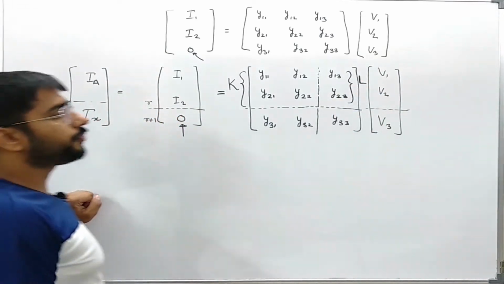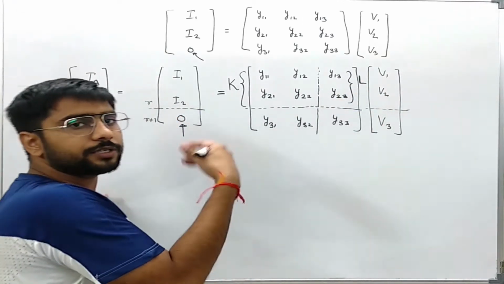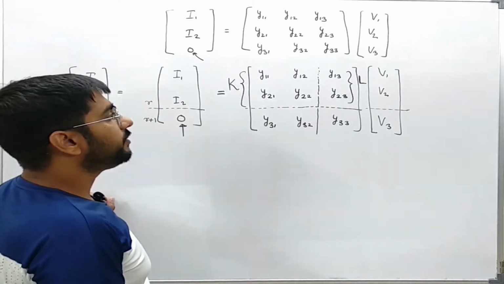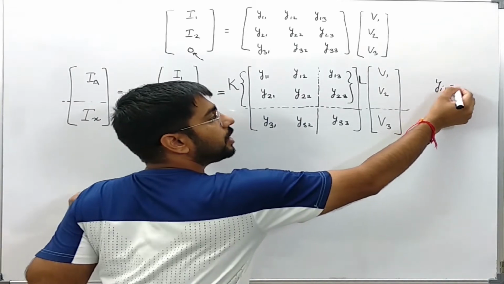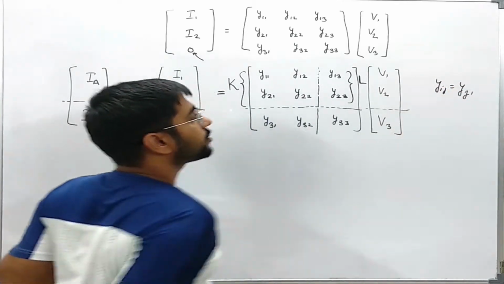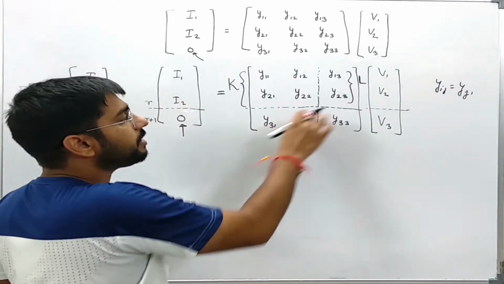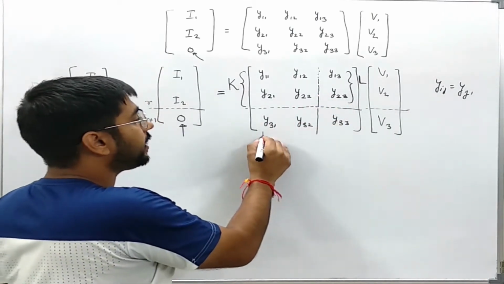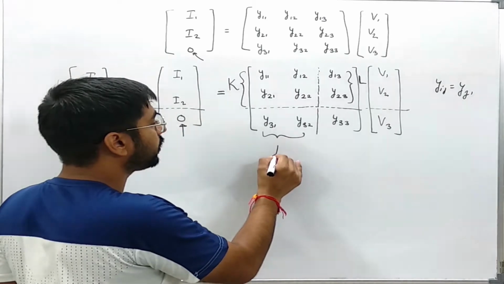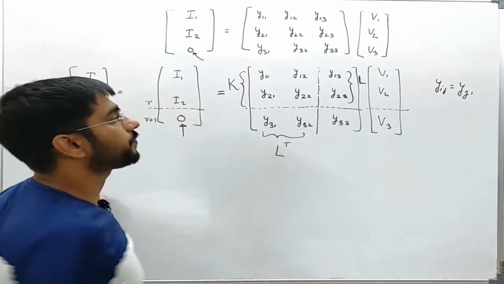Now for any passive bilateral network, which a power system usually is, we will see that Yij is equal to Yji. So Y13 is equal to Y31, Y23 is equal to Y32. So if it is L, then I can write it as L transpose.